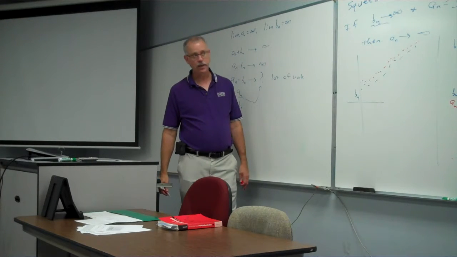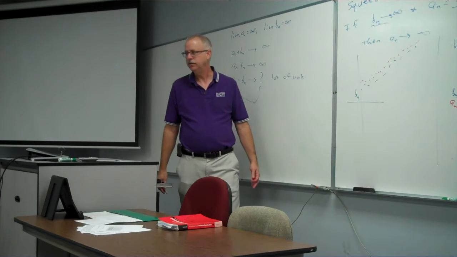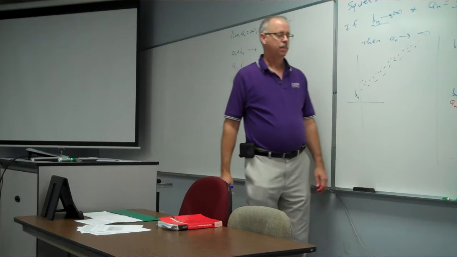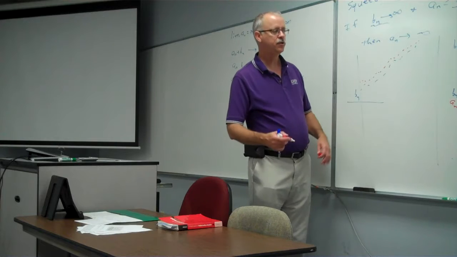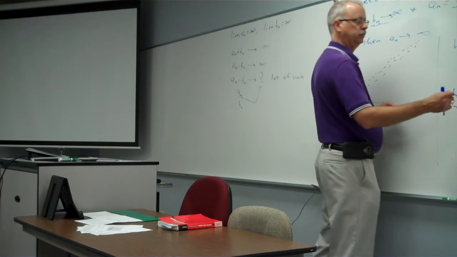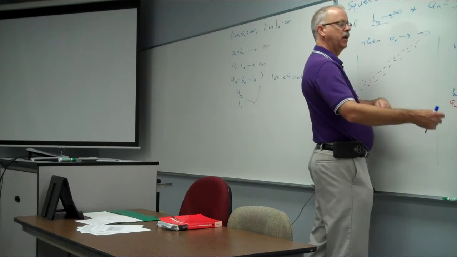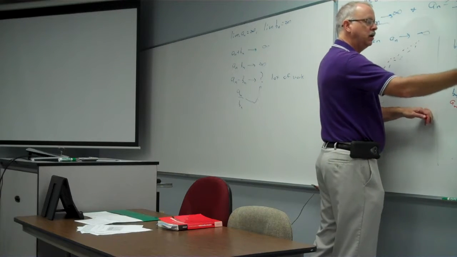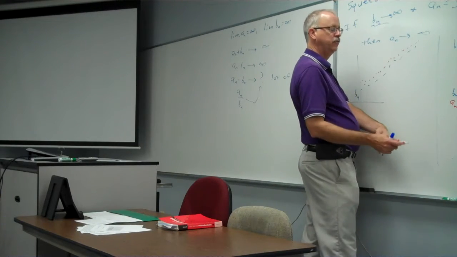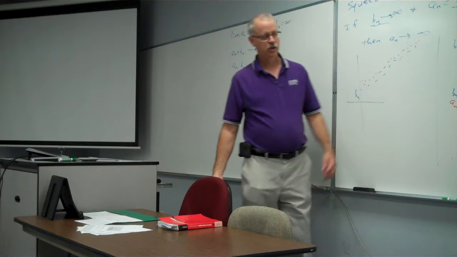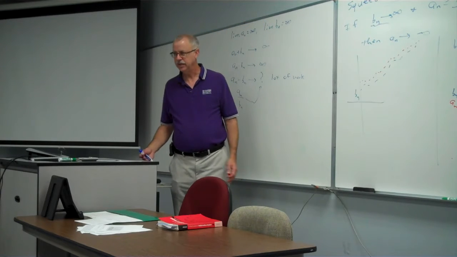Not a thing. Well, I guess we know it's all smaller than B sub n, but we don't have the inequality in the right direction to put the squeeze on to force A sub n to go anywhere. The fact that it's smaller than a sequence headed off to infinity really doesn't tell us much of anything.